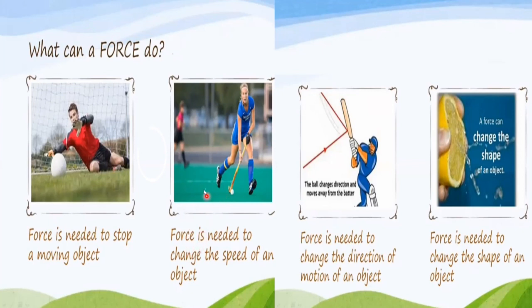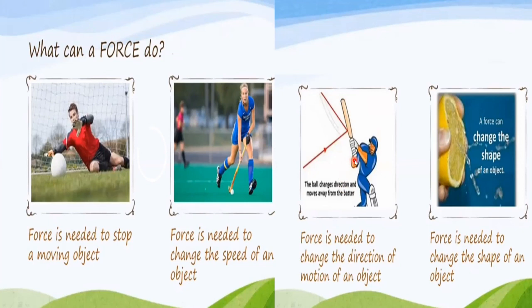Then here we can understand that force is needed to change the speed of an object. In the third situation, we have a batsman who is hitting the ball. That means he is hitting the ball, which leads to a change in the direction of the movement of the ball. That means the ball was coming in one direction.